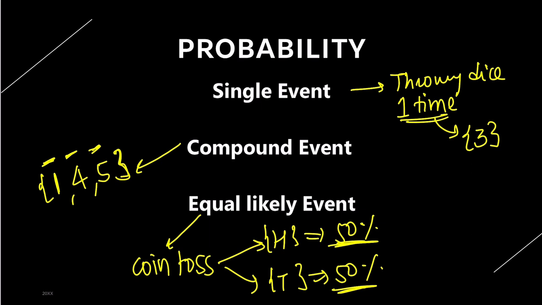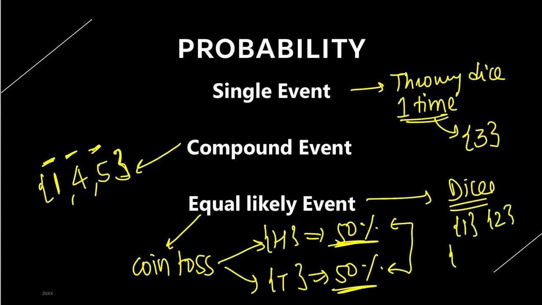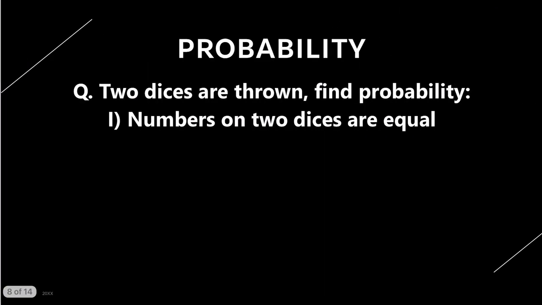That is why head and tail are equally likely events. In the case of a dice, the equally likely events are 1 coming, 2, 3, 4, 5, 6 coming. These are the 6 events which could happen and all have equal probability. I hope this is clear. This is also done. Moving on.